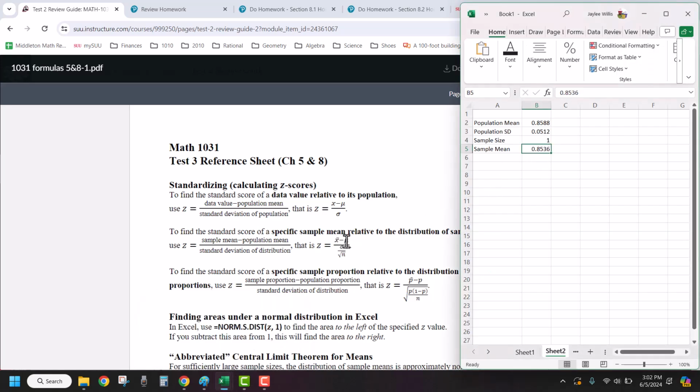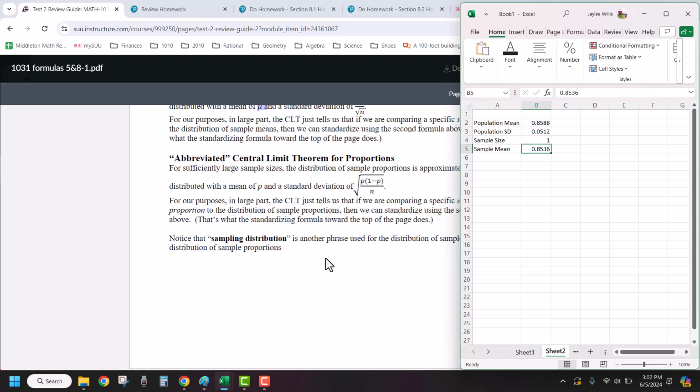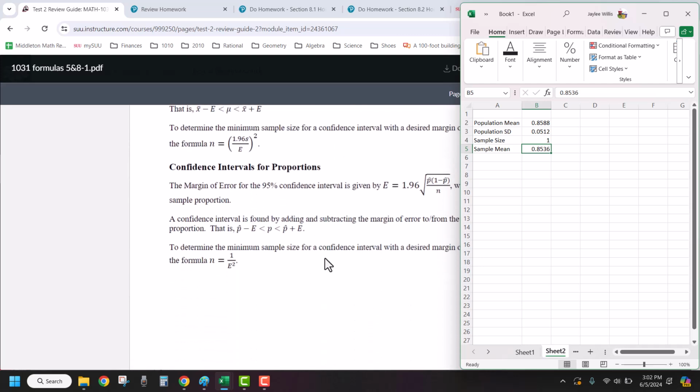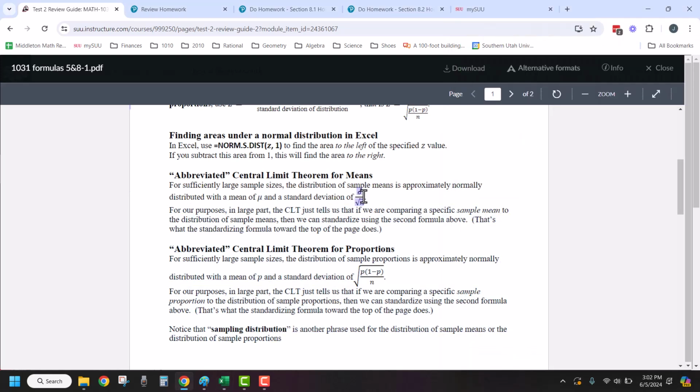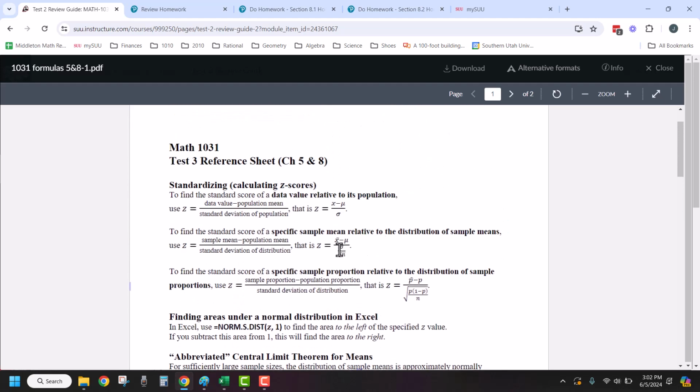And we're going to subtract the population mean and then divide by the standard deviation of the sample mean distribution. So instead of dividing by the standard deviation of the population, we're dividing by the standard deviation of the sample mean distribution, which is equal to the population standard deviation divided by the square root of the number of data points. So that's basically what this part is here.